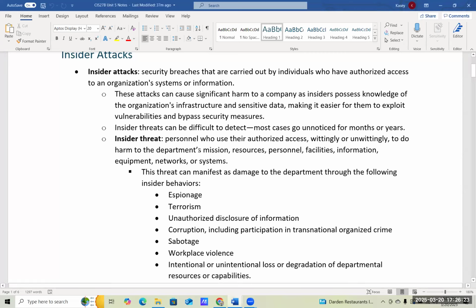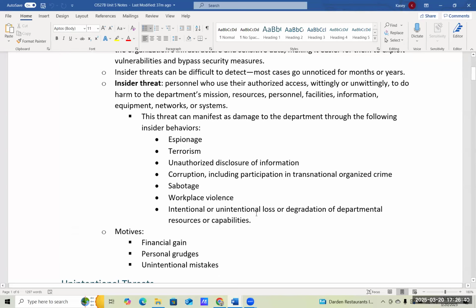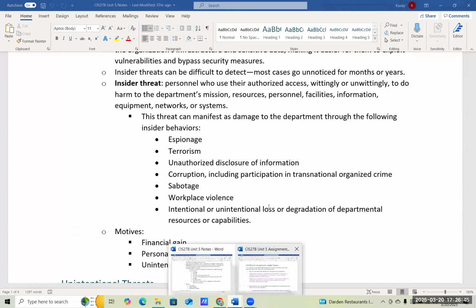Some of these things we can probably control, but a lot of it we are going to rely on people awareness, reporting, how we train the individuals, and background checks before we hire them. So let's go through and answer some of the questions while we're looking at the notes.